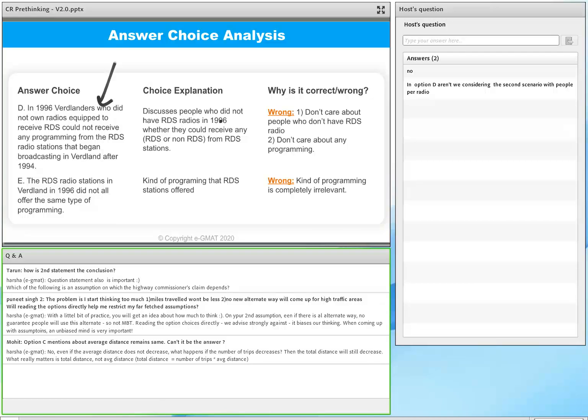RDS versus non-RDS. RDS stations also transmit programs with non-special information. It's not that they only transmit special information. Think about it, your 4G stations still give you your text messages and your phone calls.